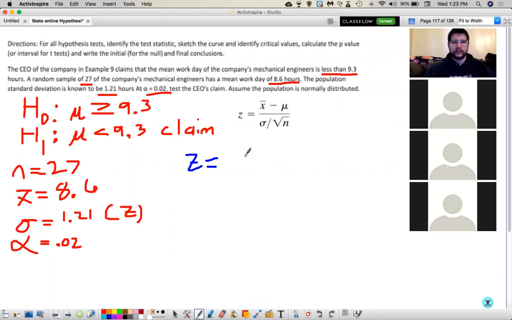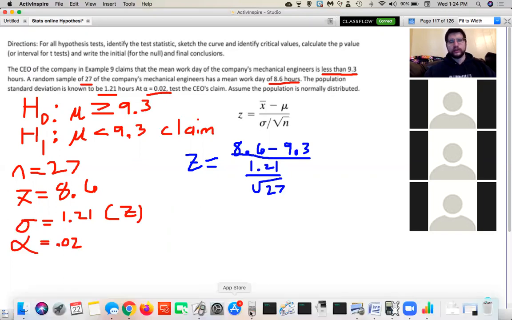X bar is 8.6 minus mu is 9.3 over sigma is 1.21 divided by square root of n. N is 27. So I'll do this on the Casio. TI users, you can just type this information in and be done with it.